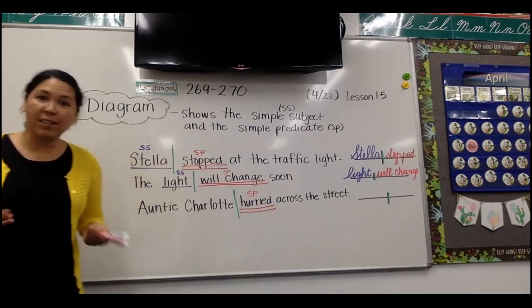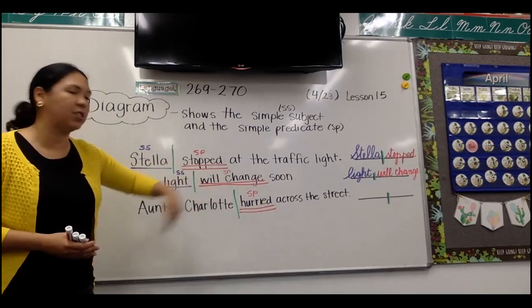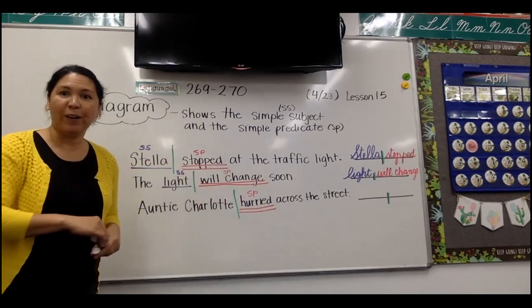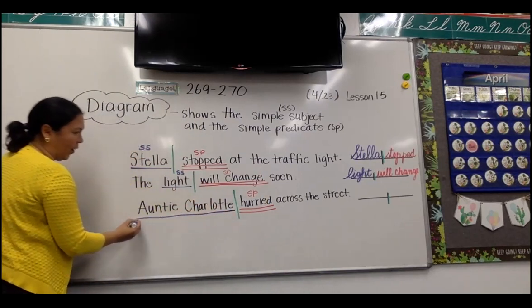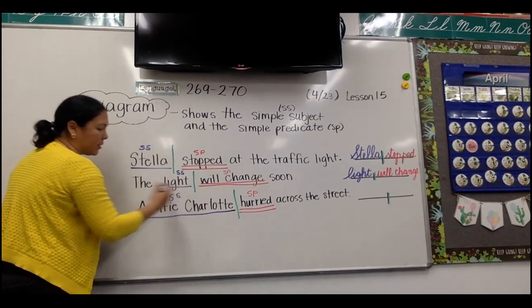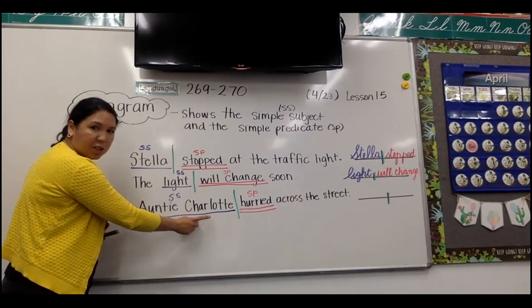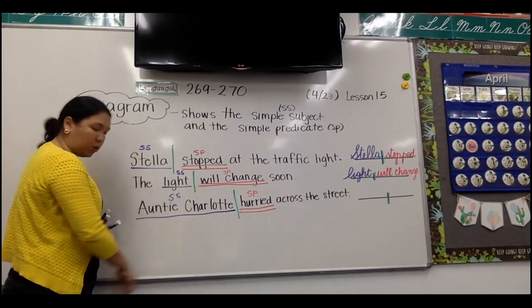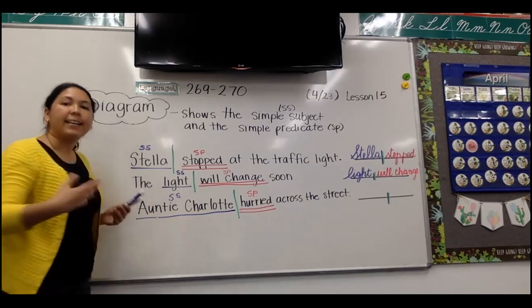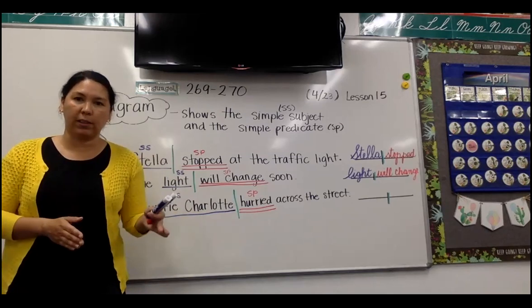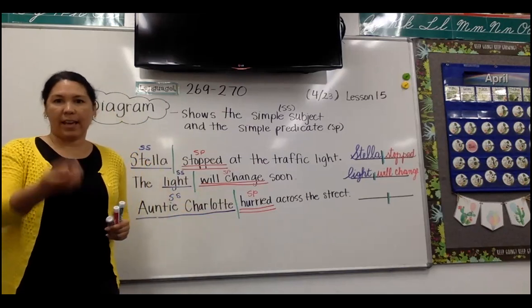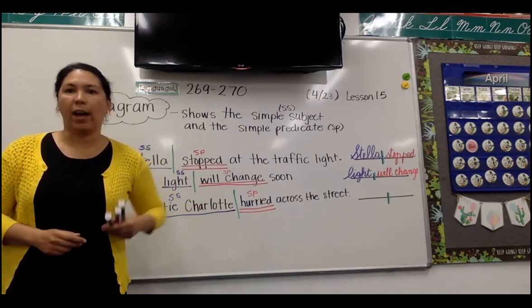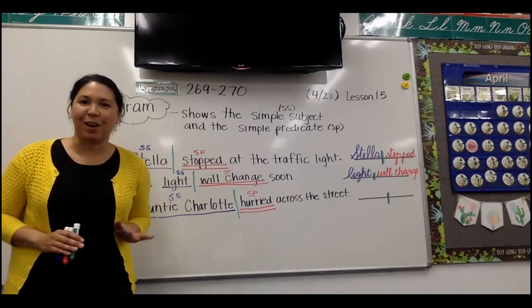Who hurried across the street? Remember, the light was going to change soon. So who was hurrying across the street? Auntie Charlotte was hurrying across the street. She is my simple subject. Now, why didn't I just underline Charlotte or just Auntie? Technically, her name is Auntie Charlotte in this sentence. You have like Uncle Sam or Aunt Sarah, or whatever aunts and uncles you have in your family.